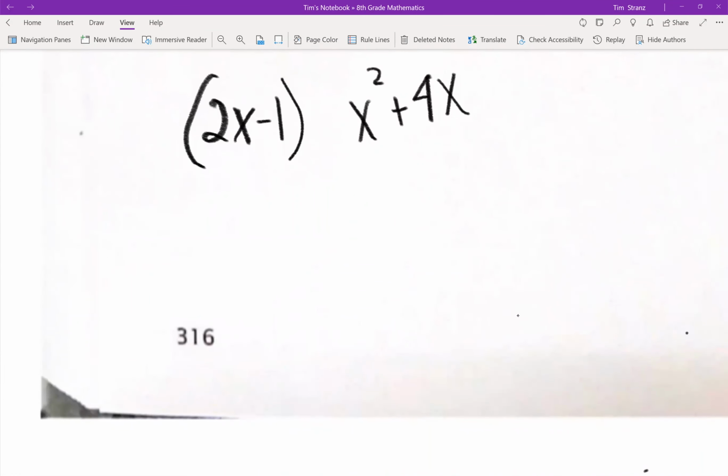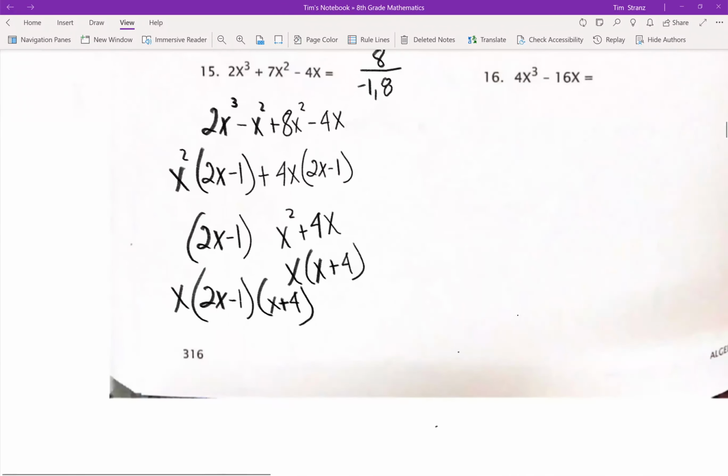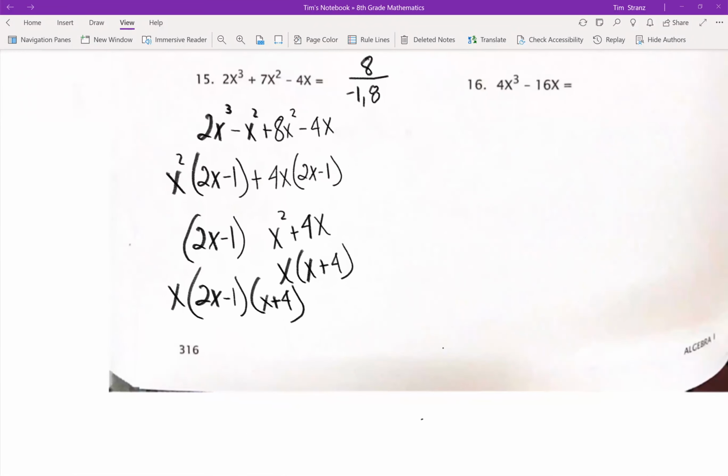So this stays the same, and in x squared plus 4x, I can pull out an x, and that's going to be x plus 4. So we're going to have x plus 4, and then the extra x would go up here. That one's a little bit longer, but that's number 15. So we have x, 2x minus 1, x plus 4.